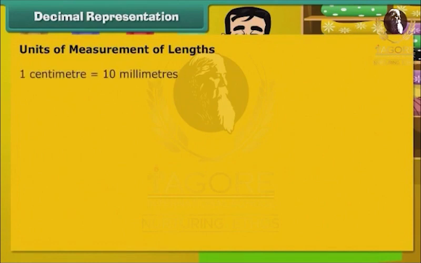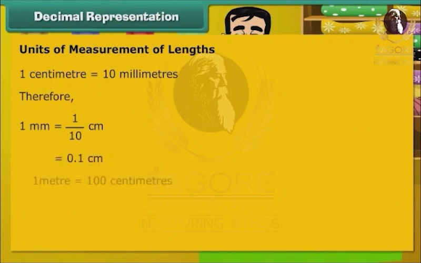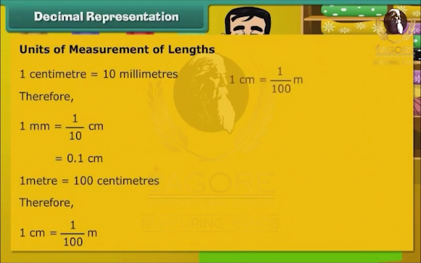1 centimeter is equal to 10 millimeters. Therefore, 1 millimeter is equal to 1 by 10 centimeter. That is equal to 0.1 centimeter. 1 meter is equal to 100 centimeters. Therefore, 1 centimeter is equal to 1 by 100 meter.